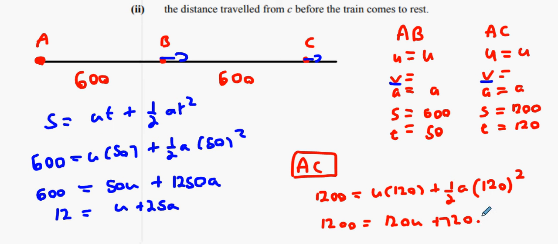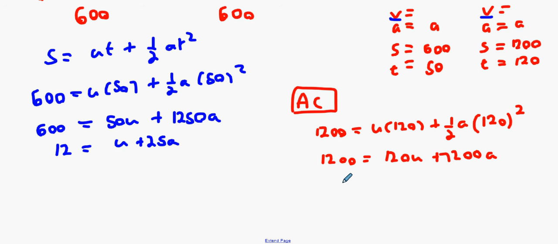Alright, divide everything by 120, and we should get 10 equals U plus 60A. Okay, you guys? Alright.